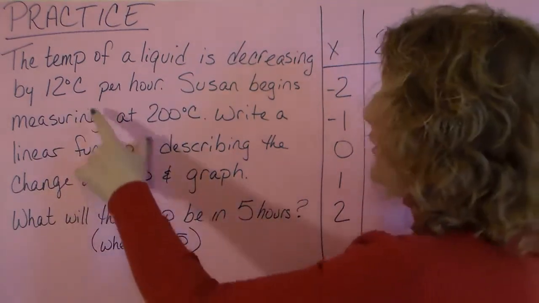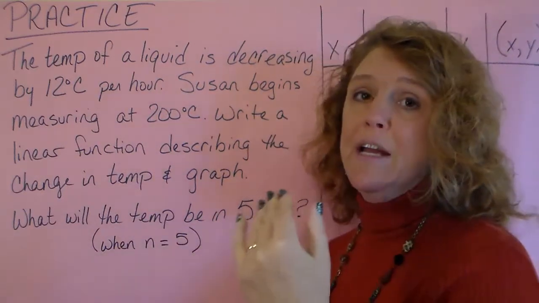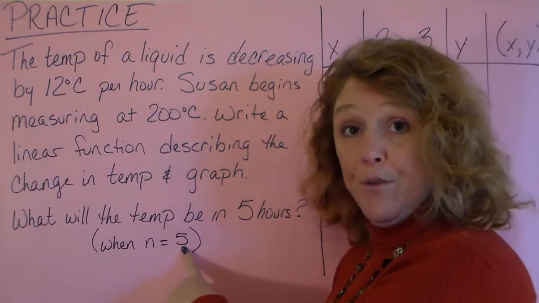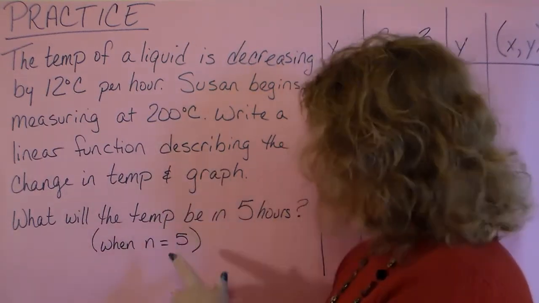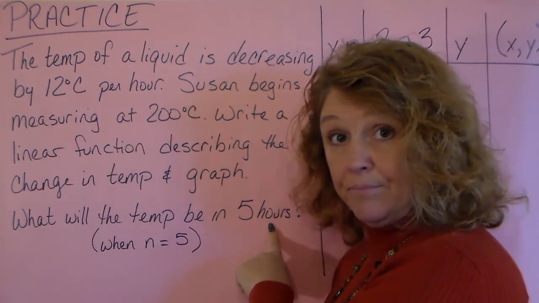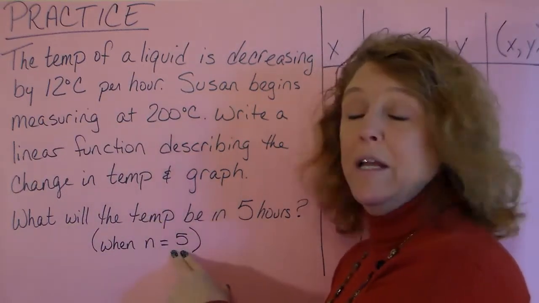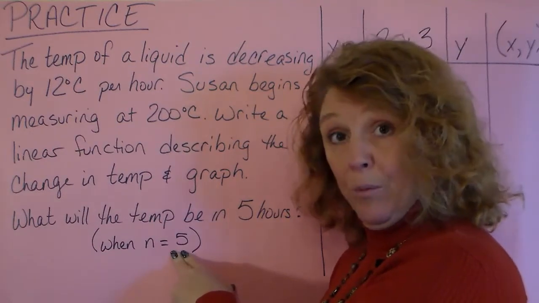So, not only are you going to have to come up with the function, you're also going to have to create a data table all the way through 5 to come up with 5 different points to be able to graph this. Draw a graph, make your table, and predict what, when n is 5, what your y will be.